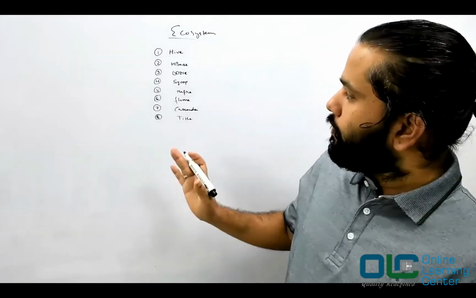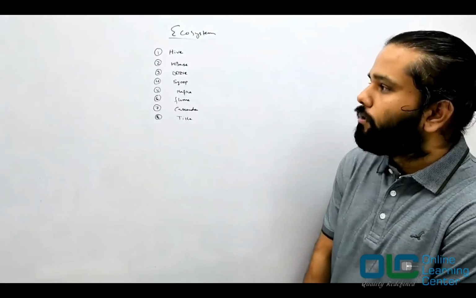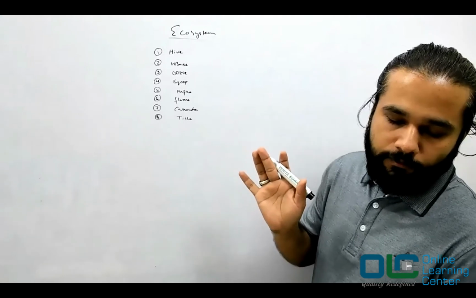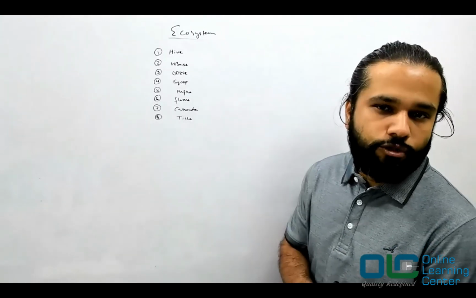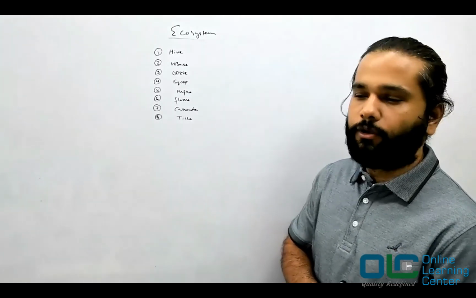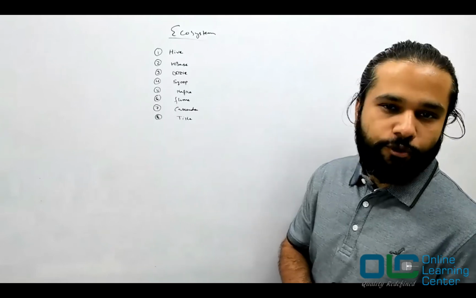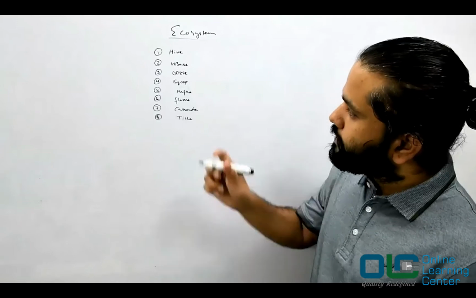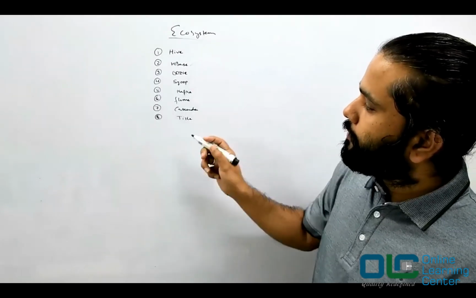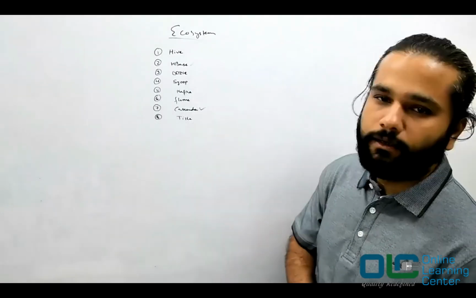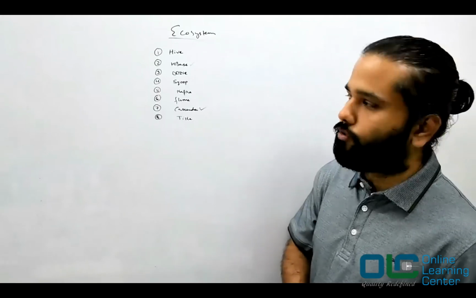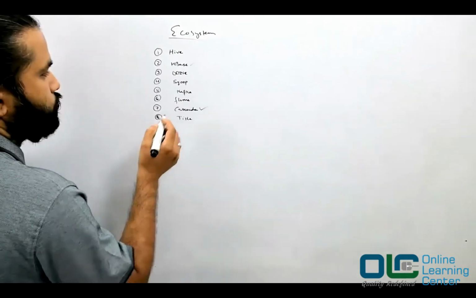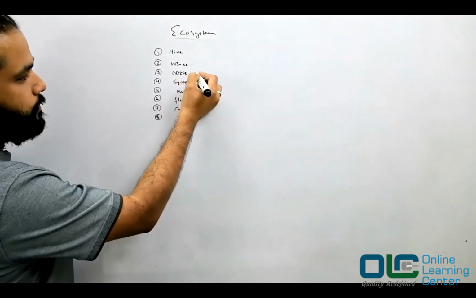Now there are so many products that it can be very confusing what to study and what not to study, because it depends from use case to use case. A few companies may prefer using HBase, a few may prefer Cassandra, depending on their own choice. You also have something called Airflow.